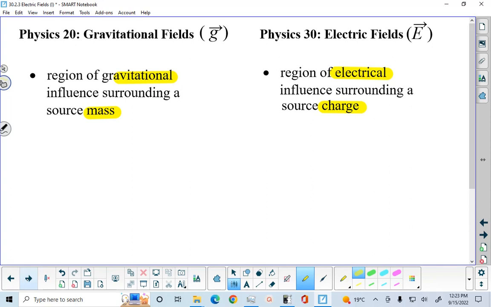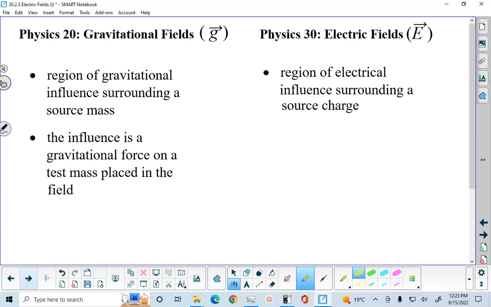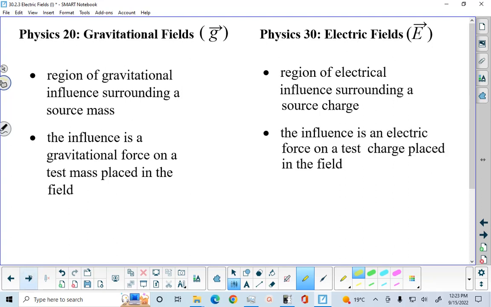That's a pretty important connection between a property of matter and the resulting nature of the field or nature of the force. For a gravitational field, the influence is a gravitational force on a test mass that you put in the field. Well, the influence of an electric field is the electric force on a test charge.